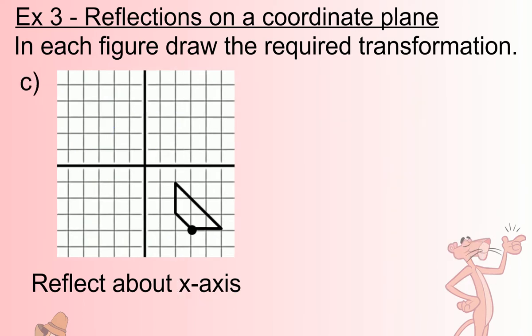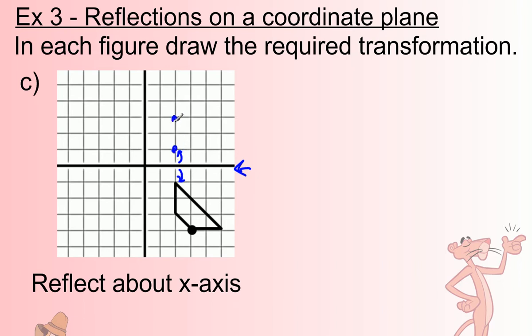Here's letter C. I'd like you to reflect this about the x-axis. Go ahead, pause the video, and do it right now. Okay, so about the x-axis is this line. 1 unit below, 1 unit above.